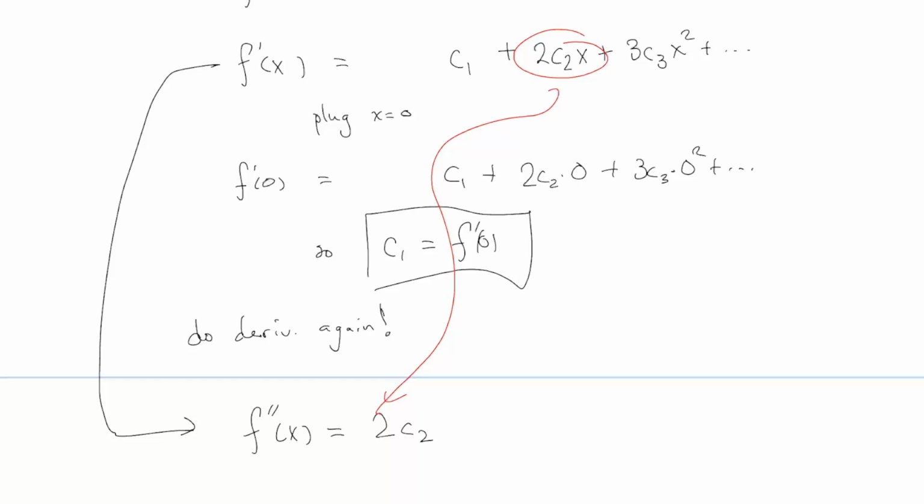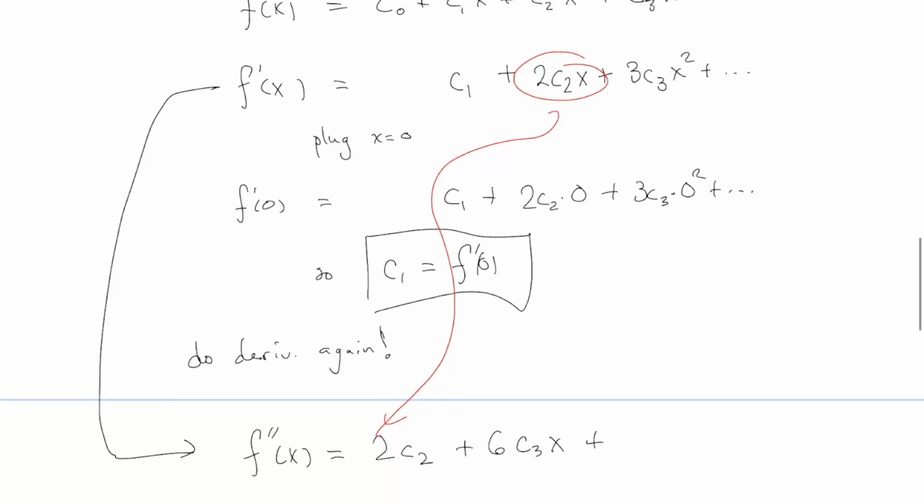Sorry if I'm scribbling too much here. 2c2 times x, when you take the derivative, that x becomes a 1 times 1, so it's 2c2. The next term will be 6c3x, because in the next term I multiply the 2 down to the front, and it becomes 6c3x. And then some more higher stuff.